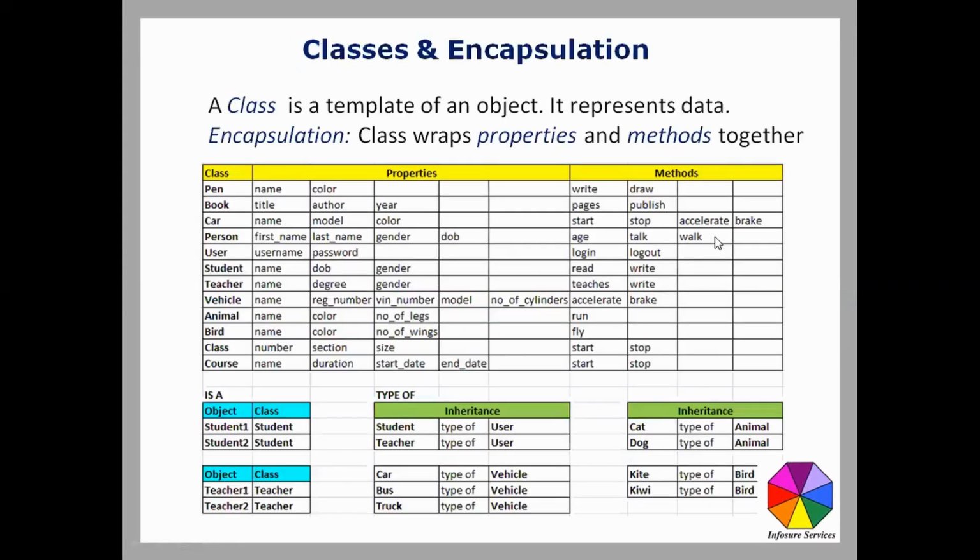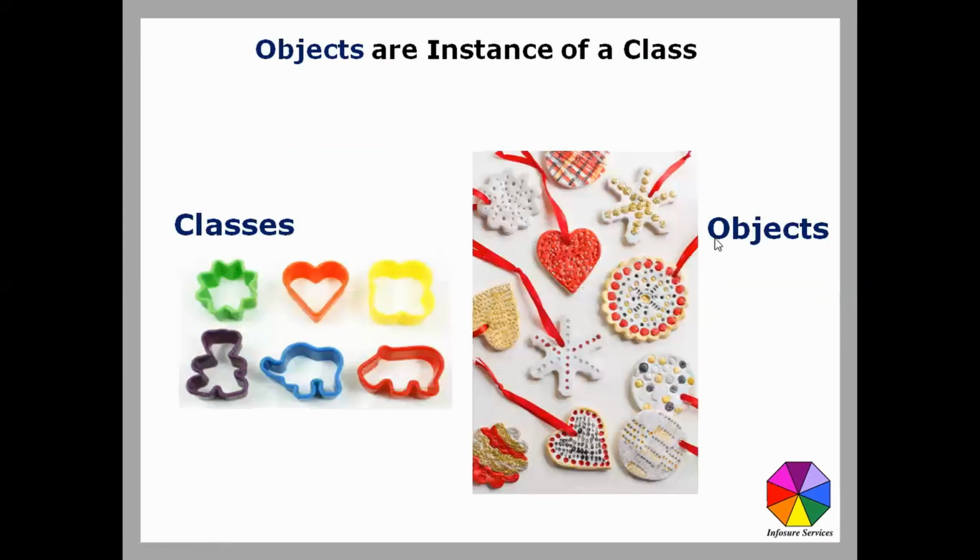Now going back to the cookie example, this was a red cookie and this is a blue cookie here with some design. This is the cookie cutter. The cookie cutter will have the property and method.